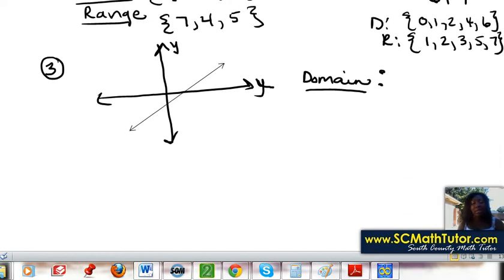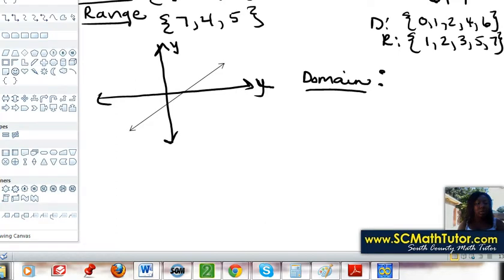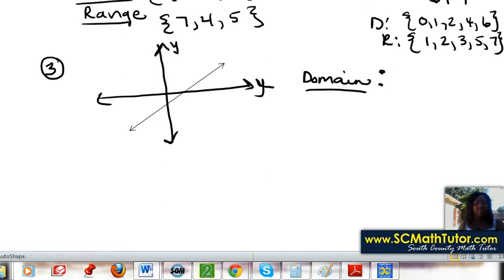The way I like to look at the domain is to take a straight edge, your pencil, your pen, whatever you have, to represent a ruler. Domain is the x, so domain is your x-axis. I want you to take that straight line and run it across the x-axis.